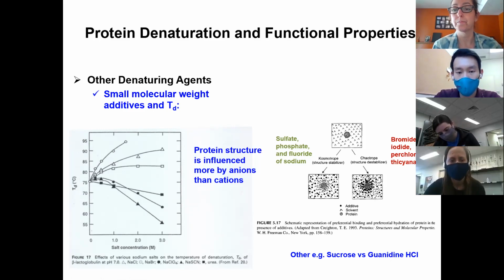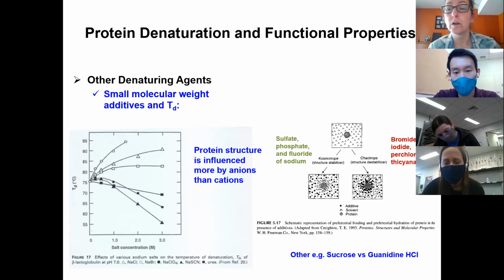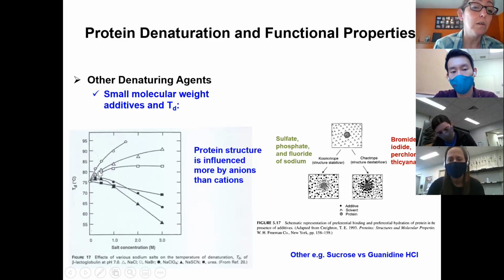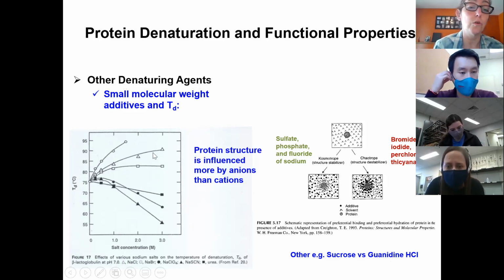Where does sodium chloride fall? Sorry? Where does NaCl fall? Is it a cosmotrope or a... So NaCl, let's see here. So NaCl is this triangle. So it is a cosmotrope in this particular example.